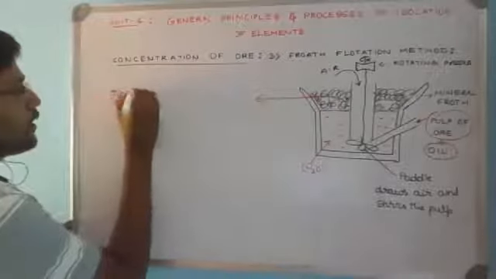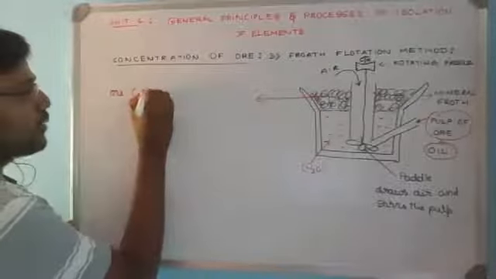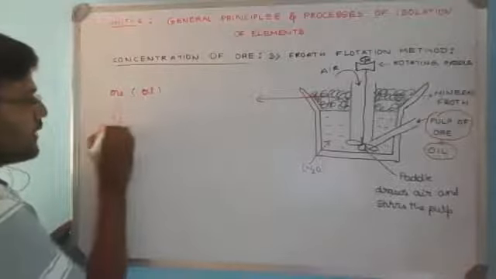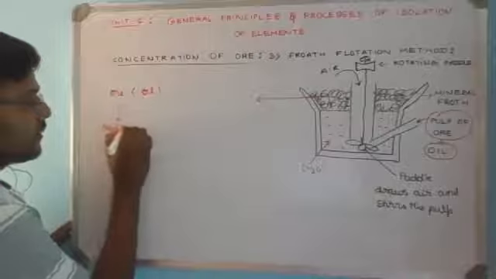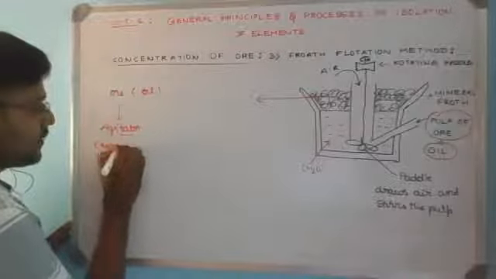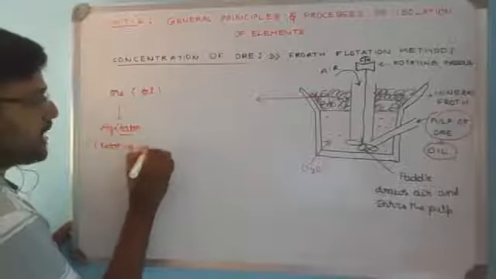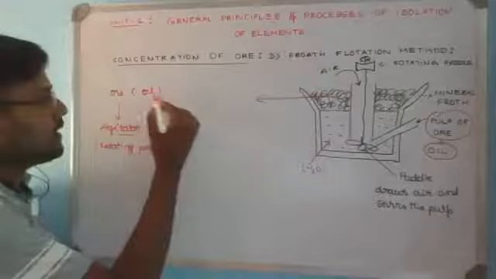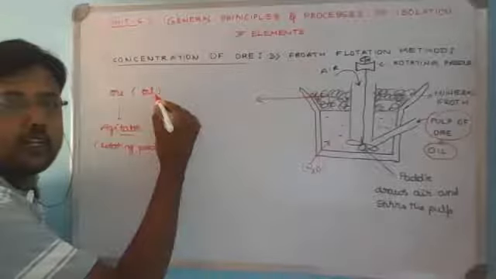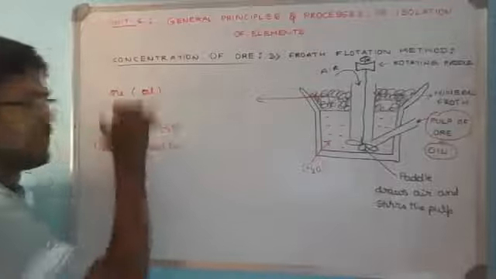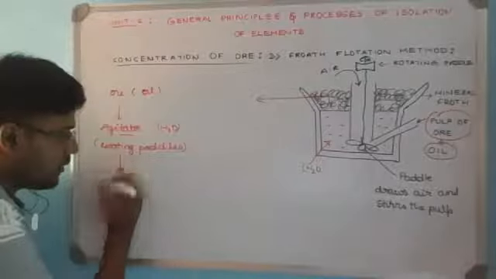You are sending the ore which is coated with oil into a chamber, into the agitator, with the help of rotating paddles. What is happening? It draws air into it and will mix these oil coated ore particles with water. As a result of this agitation, froth is formed.